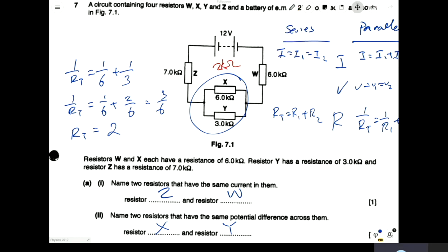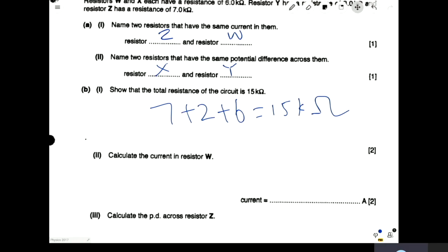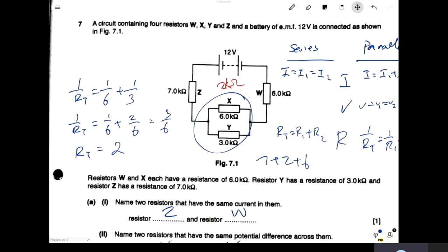Now we want to add them together. When we add them together, they are considered series. So we take 7 plus 2 plus 6, kilo ohm. Next, calculate the current in resistor W. To find the current in resistor W, we have to look at the current flowing in the entire circuit.